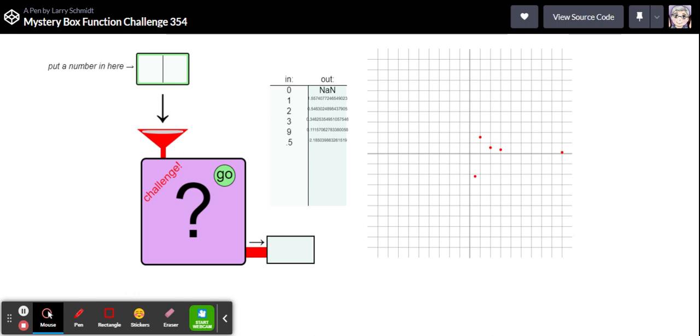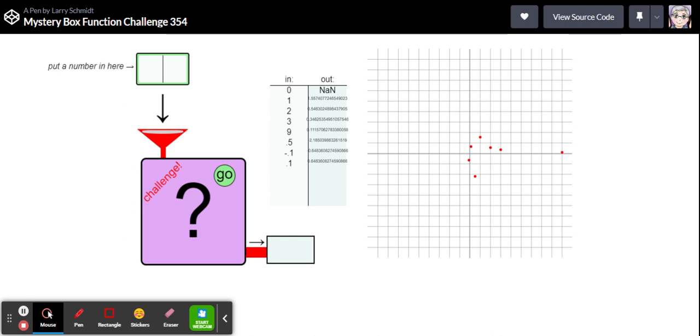Oh, and suddenly we're way down. Let's do 0.1. Oh, I did a negative 0.1. Let's do a positive 0.1 as well. So you can see a little bit of symmetry there, on the left and the right sides.